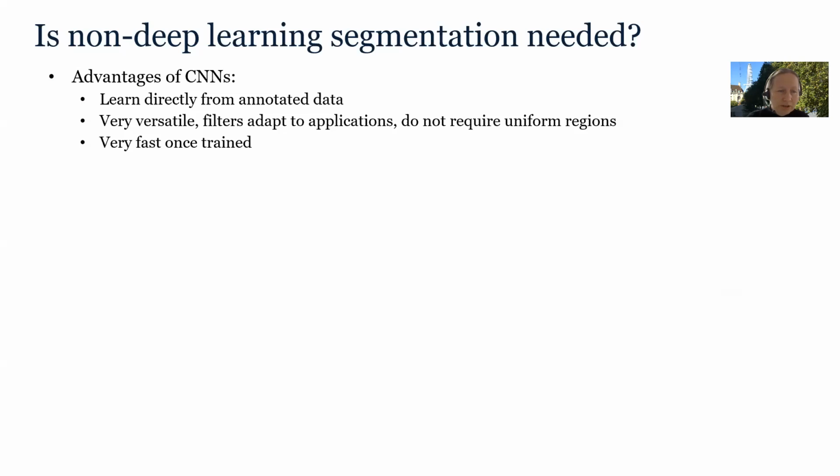Of course, CNNs are powerful because they are able to learn directly from annotated data. They are very versatile because their filters will adapt to applications, and therefore they do not require uniform intensities for the different regions that we try to segment. And they are also very fast once they are trained.